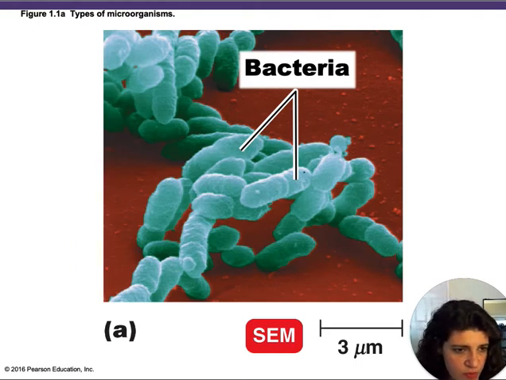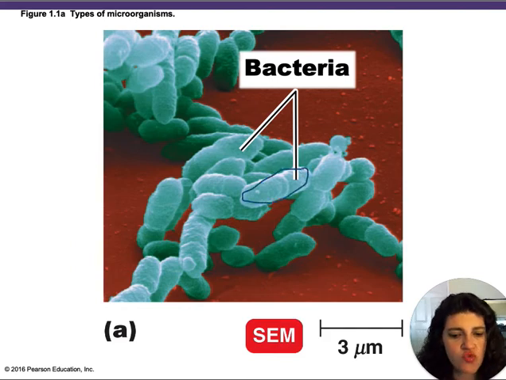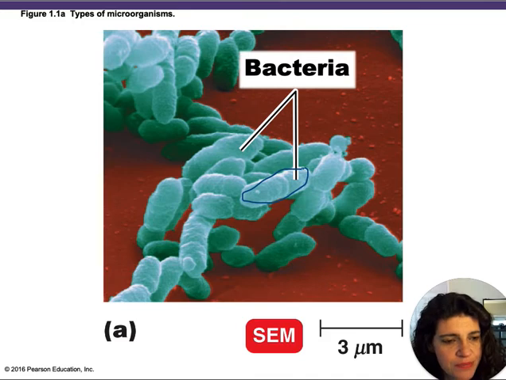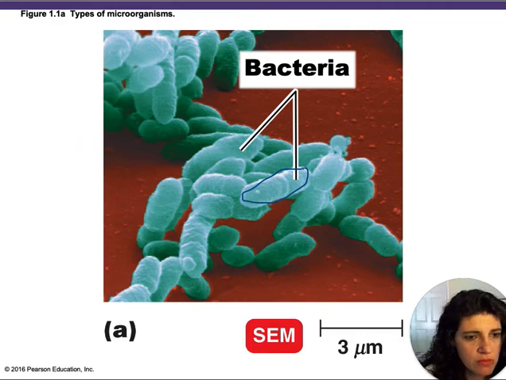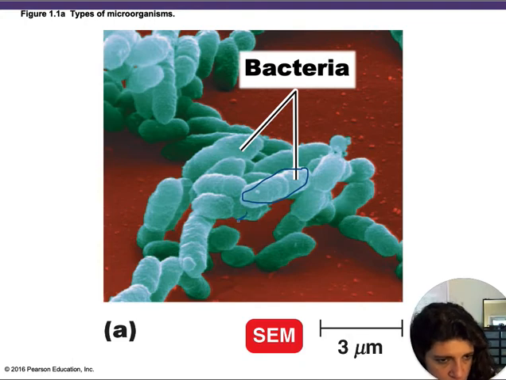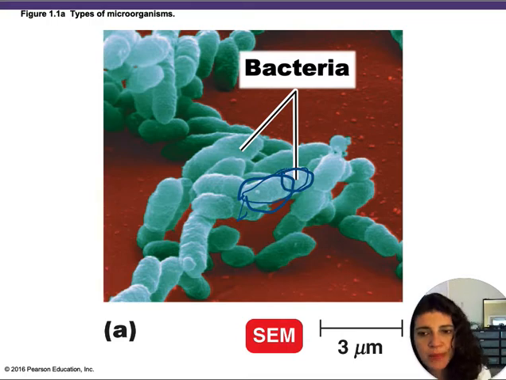You see how this is one cell, and this one is called Diplococcus. There are two cocci. And this is diplobacillus. There are two bacilli, you know, this rod-shaped cell connected to this other rod-shaped cell.